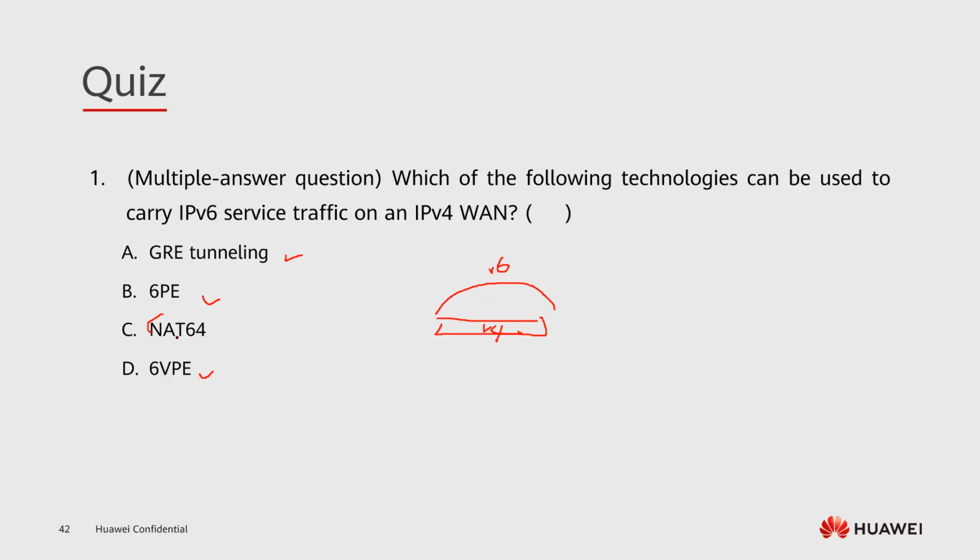And NAT64 is not a tunnel technology. It's just a translation technology, so it cannot achieve this requirement. So the answer is A, B, D.